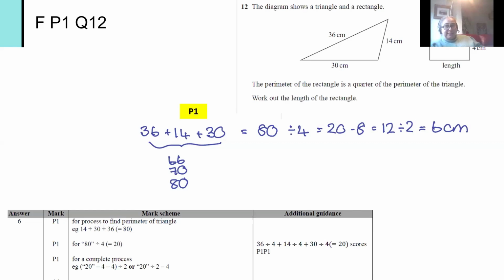We then clearly see equals 80 divided by 4. But they're actually getting the process mark for 80 divided by 4, not for saying it equals 80 divided by 4. And then we've got your 20 minus 8 divided by 2, which gives us 6. Because in this case, the answer wasn't on the answer line, so we had to go looking for it.